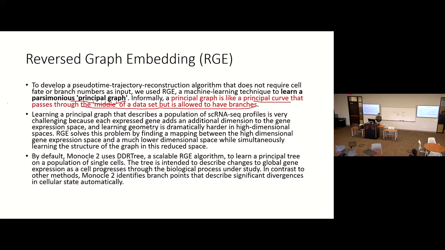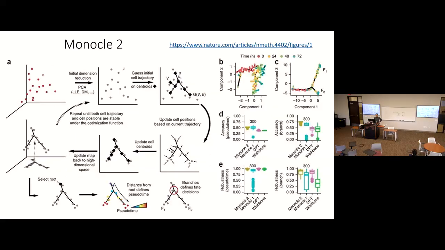So this is a principal curve that goes through and allows a branch to make a graph, basically a network. So this is Monocle 2, and you use DDRTree, whatever. So this is the process of this.